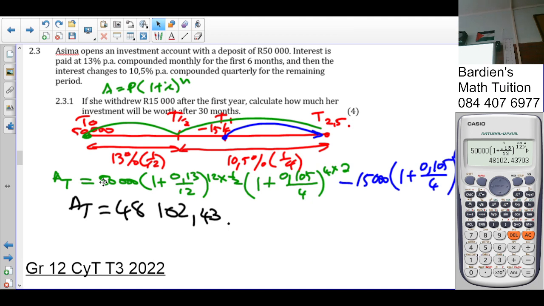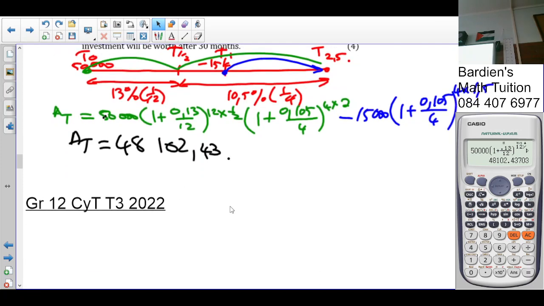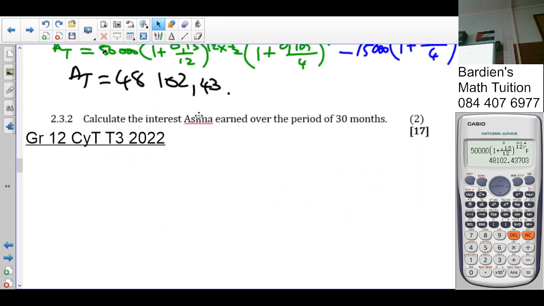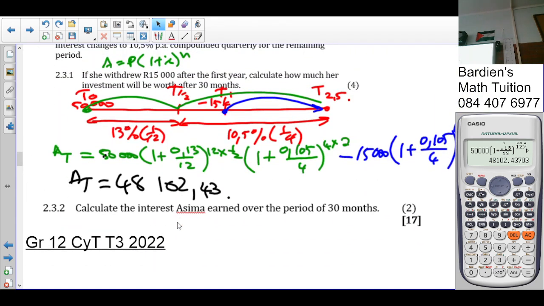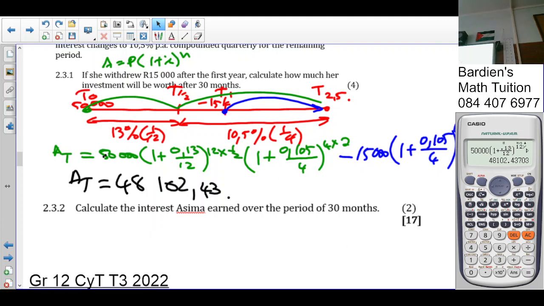That's what she has left. The next question says calculate the interest earned over the period of 30 months. So it's the interest earned on this investment. Normally the interest is your final amount minus your deposited amount, not so?